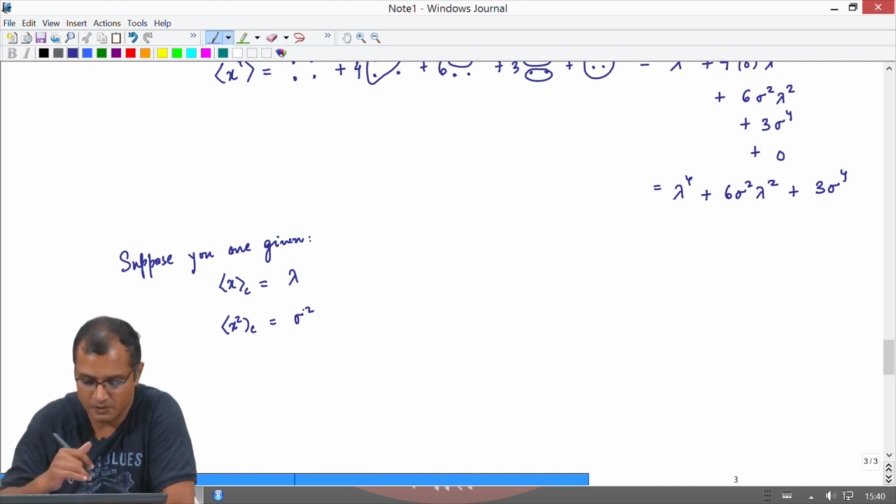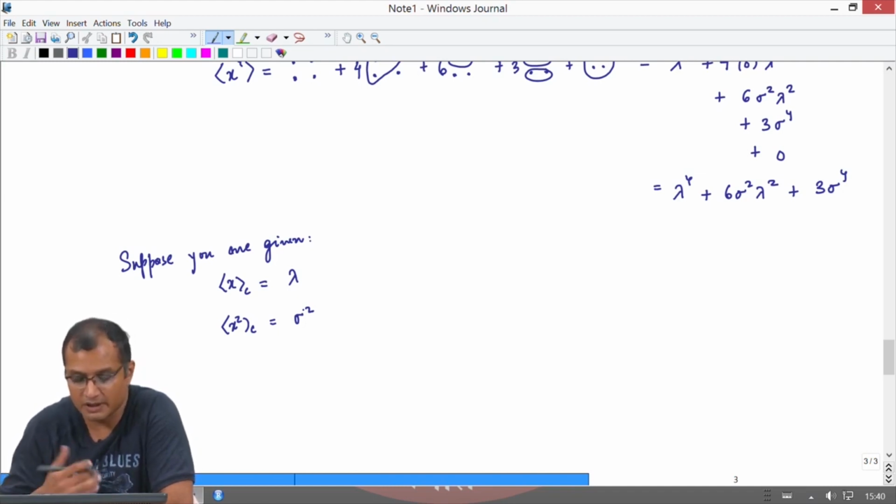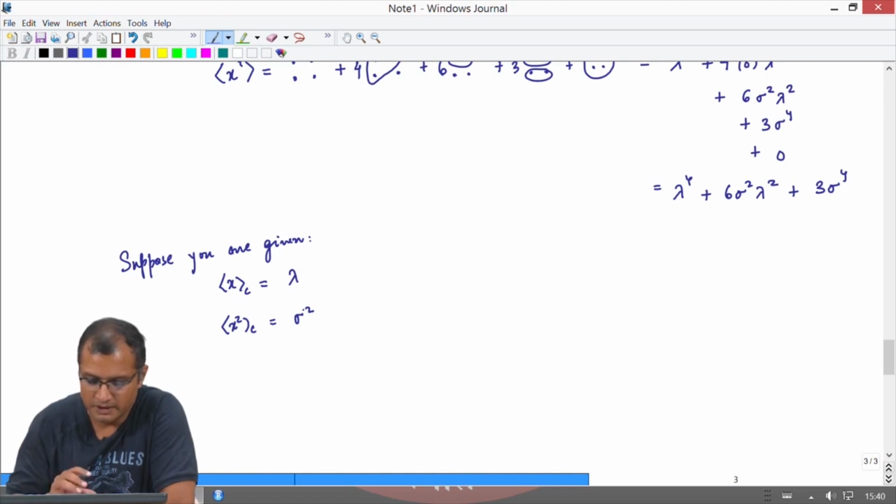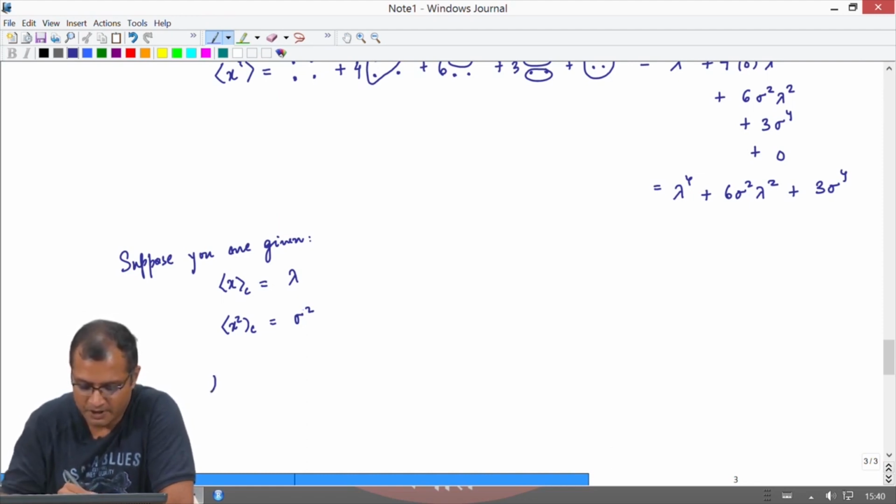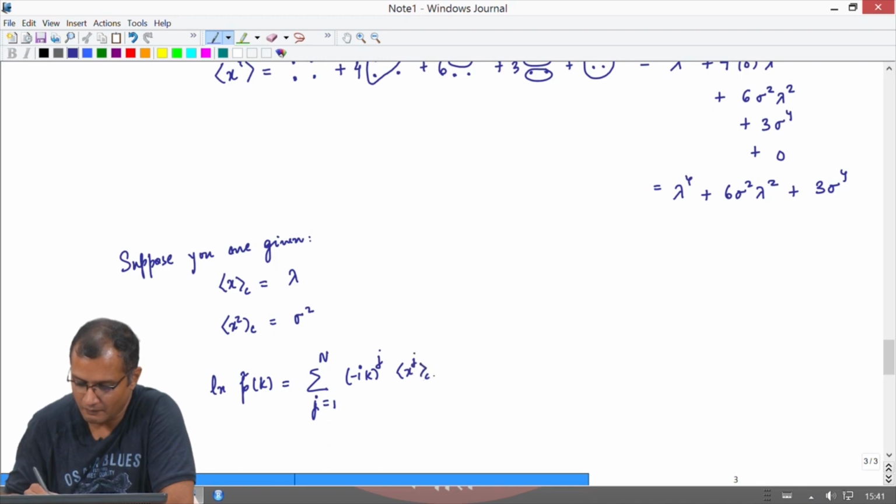So, this is the reverse question: knowing the mean and the cumulant, how do you construct it? Well, you know that the cumulant generating function is an expansion in powers of minus i k. Now, in this expansion there are only the first two terms, all the other terms are 0.